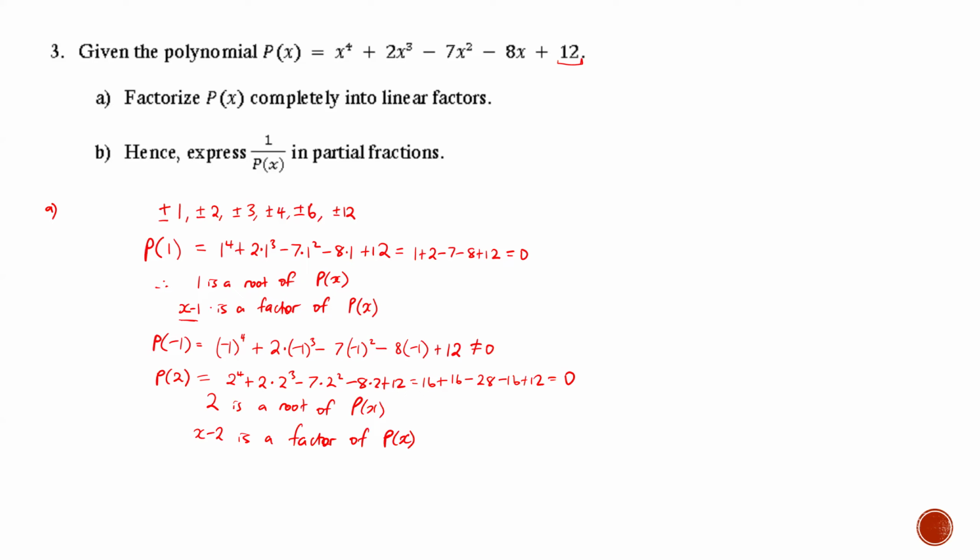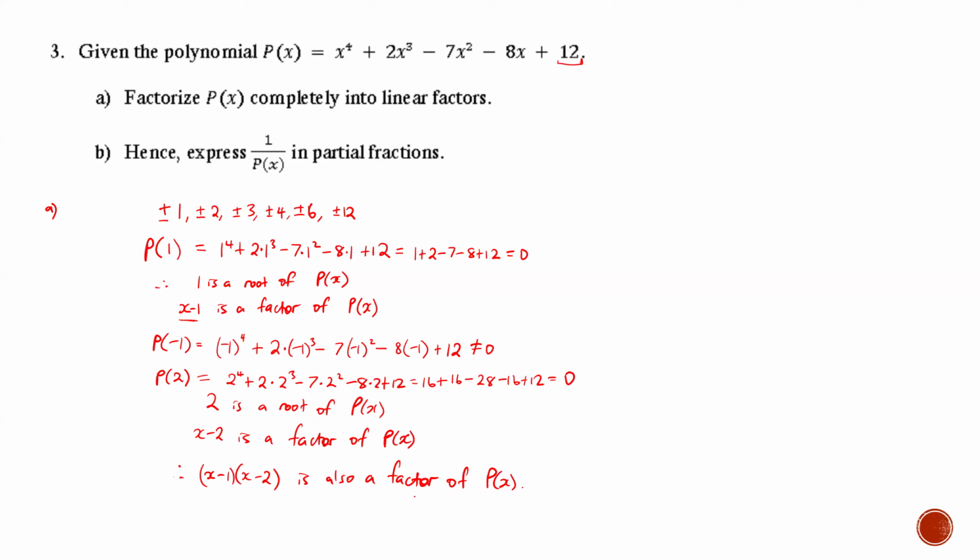And if we have two independent factors, x minus 1 and x minus 2, then their product, x minus 1 times x minus 2, is also a factor of p of x. This is how it works for polynomials.